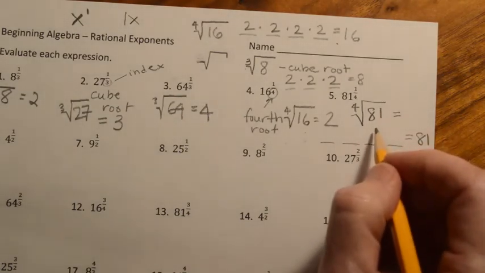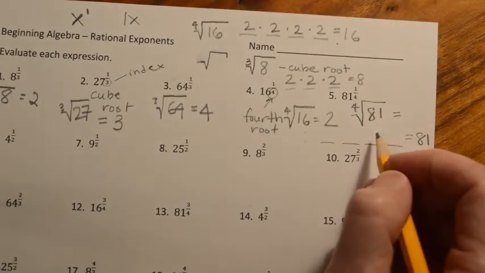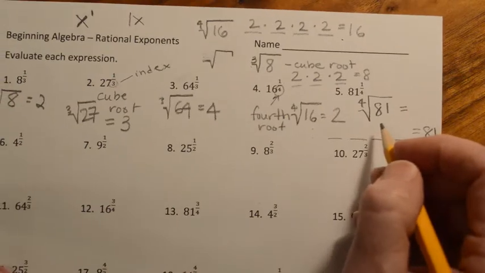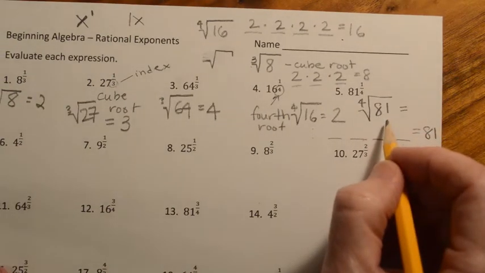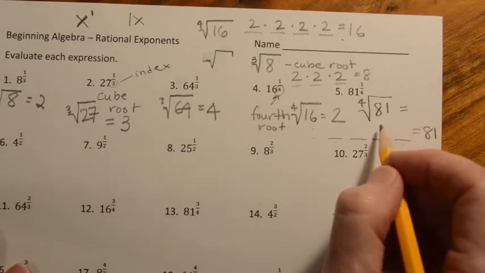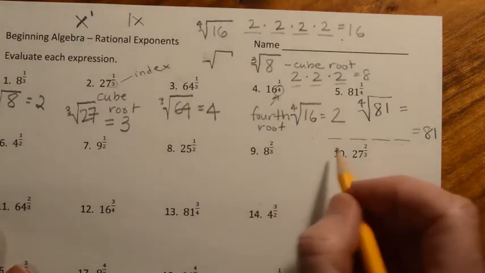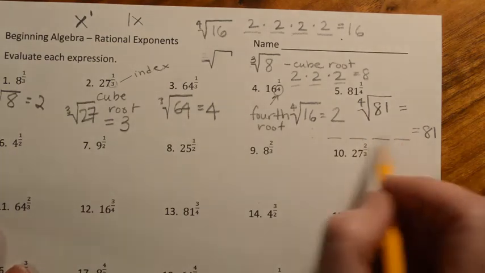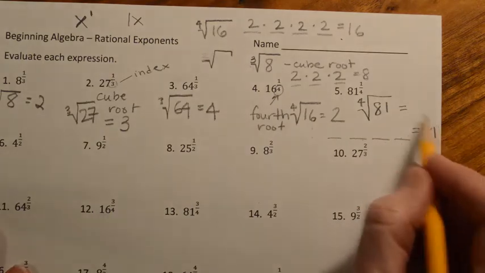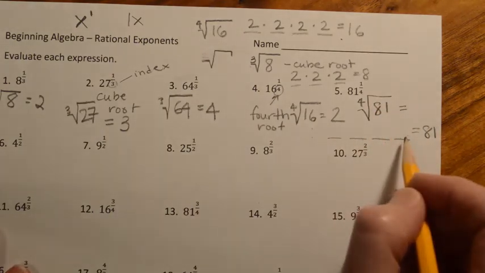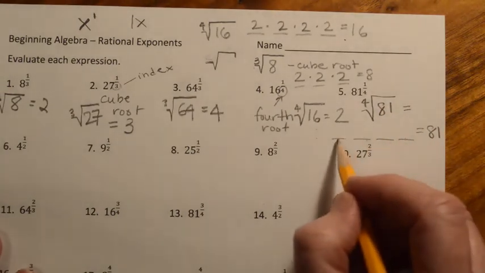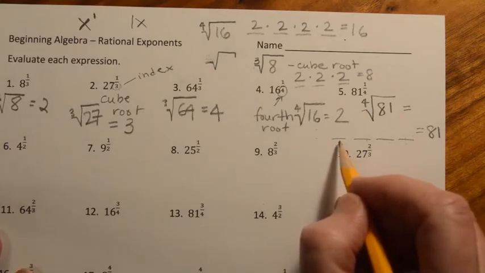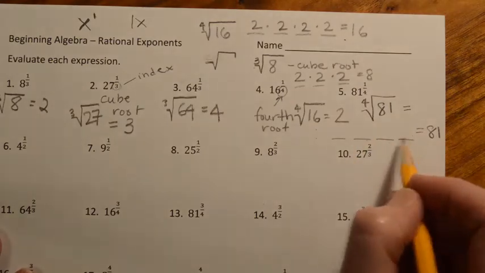Now, if you're looking at these and you're like, I have no idea, I don't know what multiplies together 4 times to give me 81, my suggestion to you is just start with 2 and try it. If it doesn't work, move to 3. But things like cube roots, 4th roots, 5th roots, when we do the reverse to try to figure out what number to that power gives us the inside number, they grow extremely fast. And so chances are it's going to be something 5 or under. It's really not going to be that big.